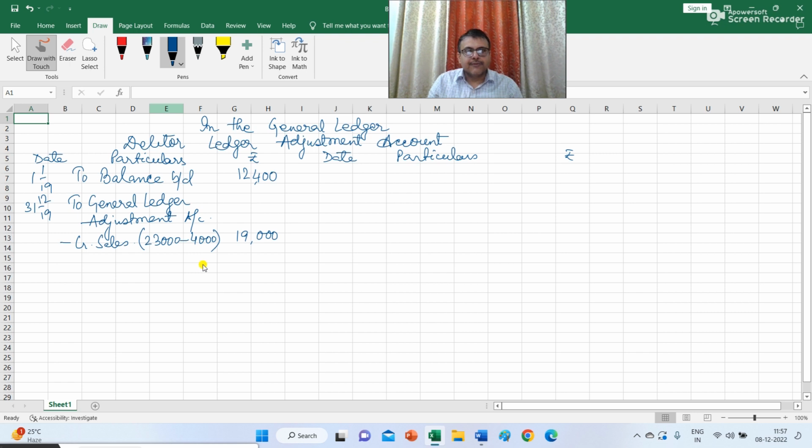Next is cash receipt from customer rupees 18,500. So on the credit side I have to write on 31st December 2019 as by general ledger adjustment account. And the purpose is for cash collection.